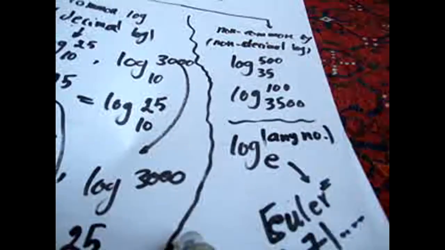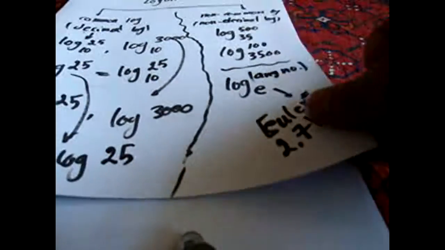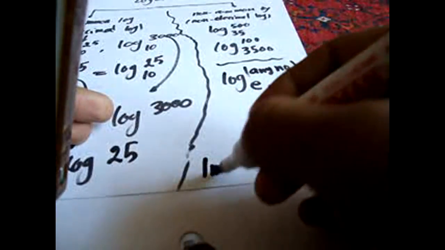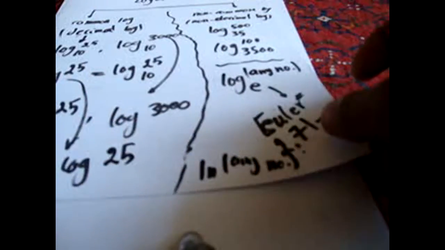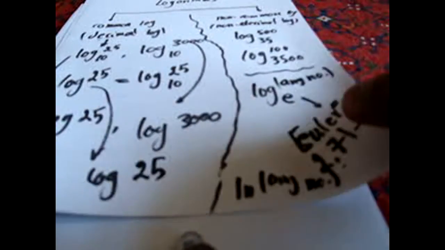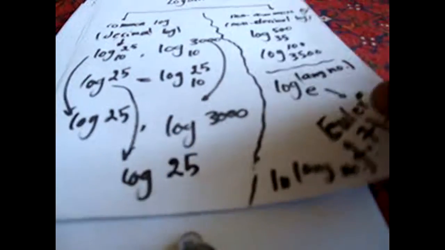you can write this log as ln of any number. So I'll give some more examples. Let's suppose we have log base e of 3,500.